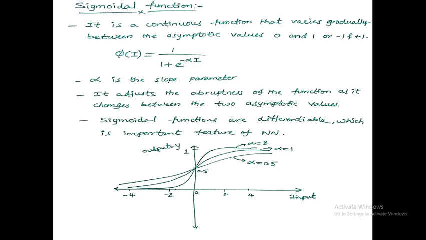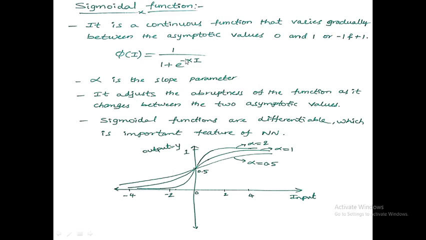The corresponding function is denoted as pi of I is equal to 1 divided by 1 plus e power minus alpha into I. This is the representation of the sigmoidal function. All these are the standard functions.